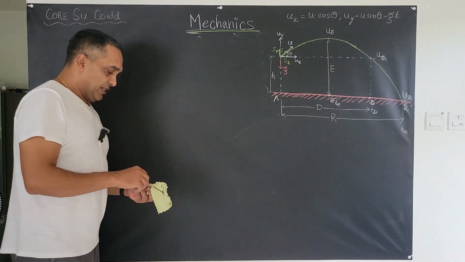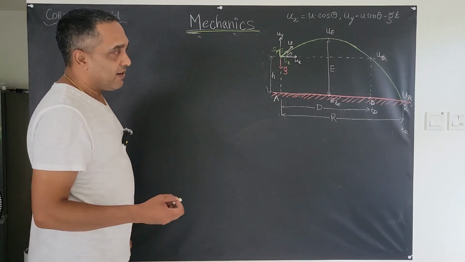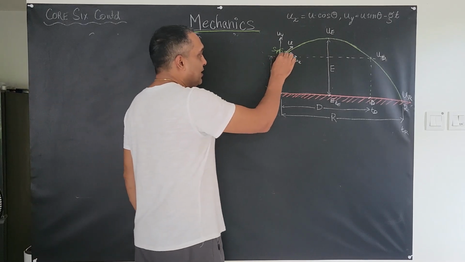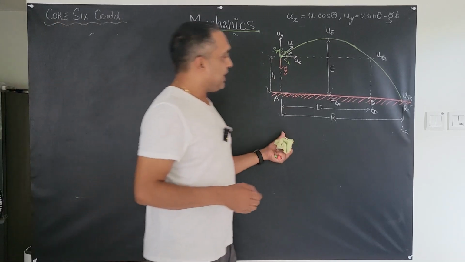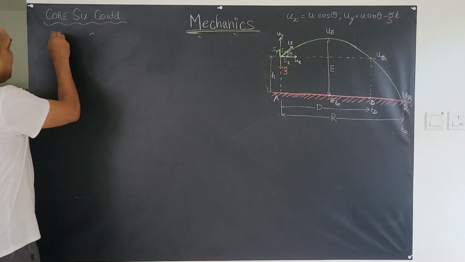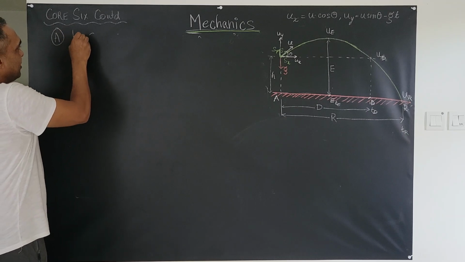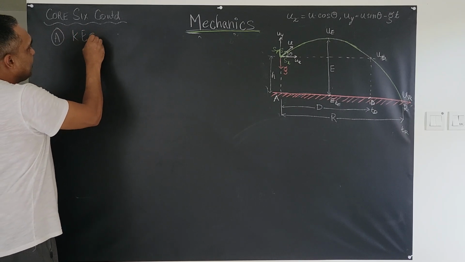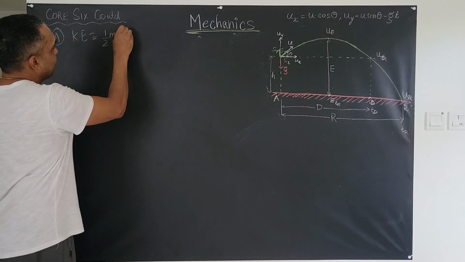But I also want you to consider the second part of this, which is energy, right? At this very point, if you have a velocity of u, and I'm going to define these points as point A, point E, point D, and point R, at point A I have kinetic energy, and that kinetic energy is half times m times u squared, right?